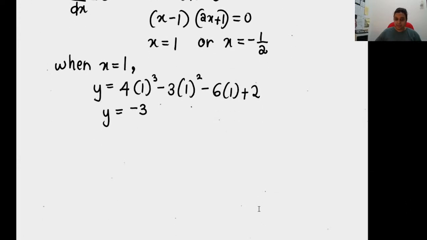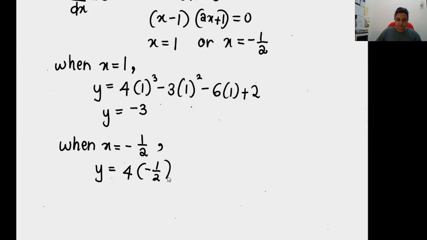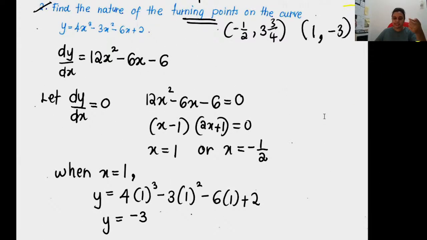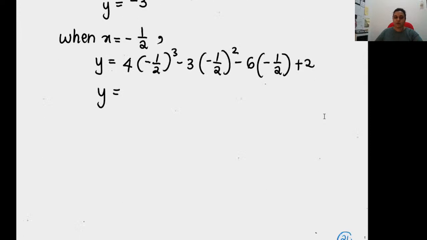Do the same thing for x equals negative 1/2. Key into your calculator: 4 times negative 1/2 cubed, minus 3 times negative 1/2 squared, minus 6 times negative 1/2, plus 2. Here the y you will get is the same as the answer teacher gave up there, 3/4.